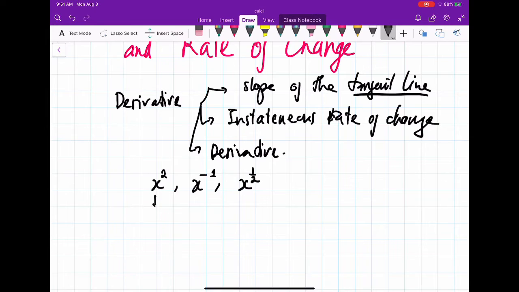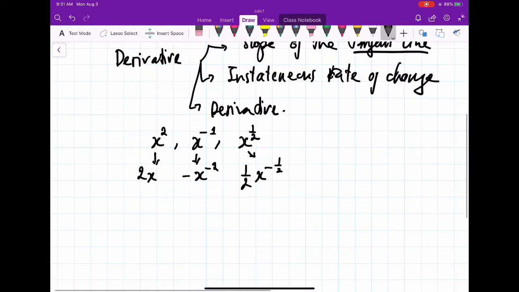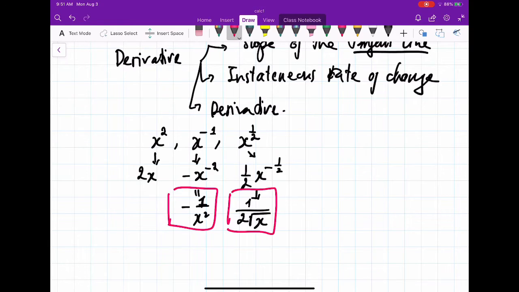We know the derivative of x squared is 2x, the derivative of x to negative 1 is negative x to negative 2, which is negative 1 over x squared, and the derivative of the square root of x is 1 over 2 square root of x. So this is about the power rule. That is a power function.